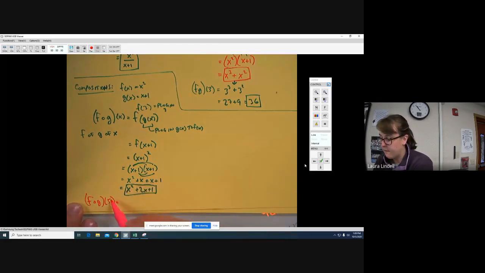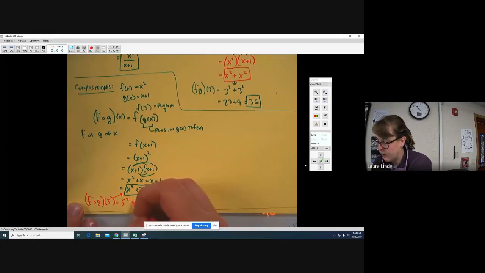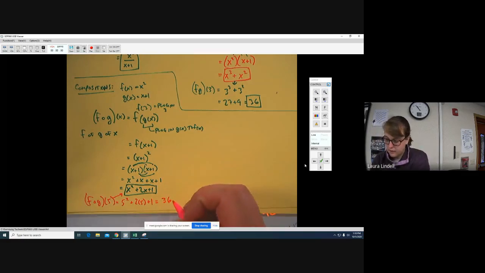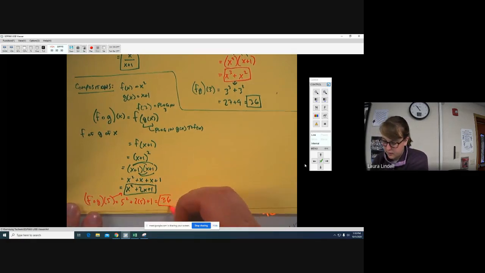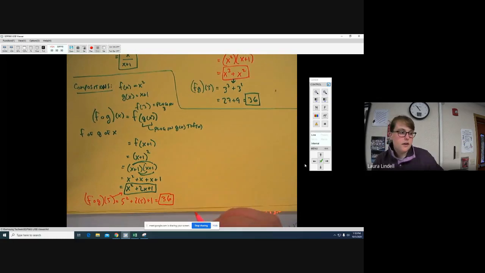So then I would just take 5 and plug it in for x into that equation. So 5 squared plus 2 times 5 plus 1, which is 25 plus 10 plus 1, so 36. So it's the same idea as we did up here, just plugging in a number then instead.